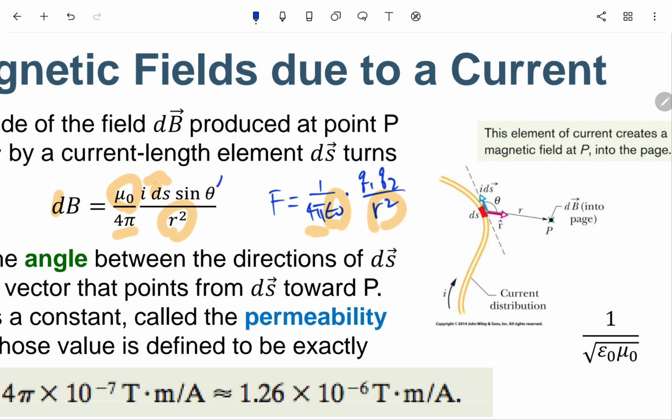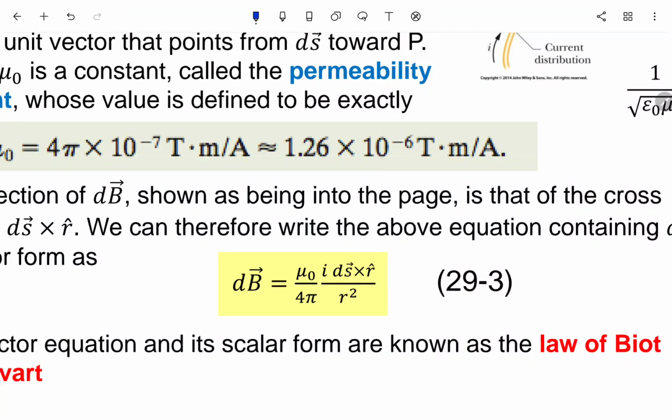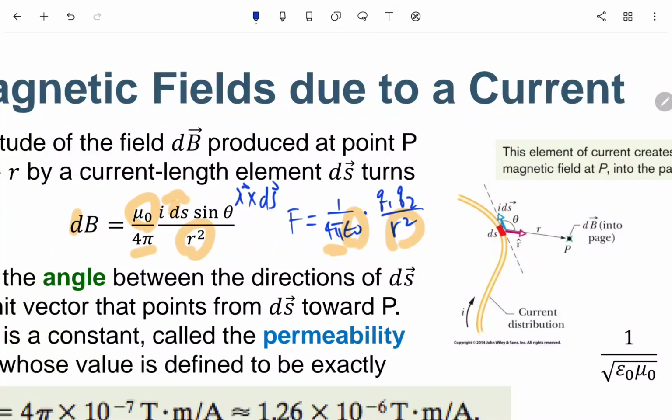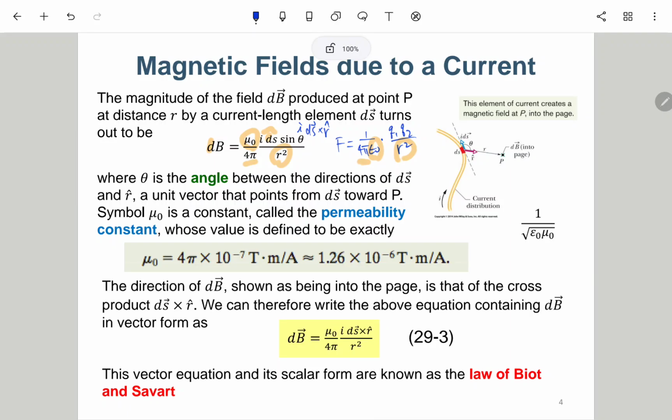This one is actually I ds cross r hat. We define another vector, so that is a vector product. This is also a product, but a scalar product. So these two equations look very alike.